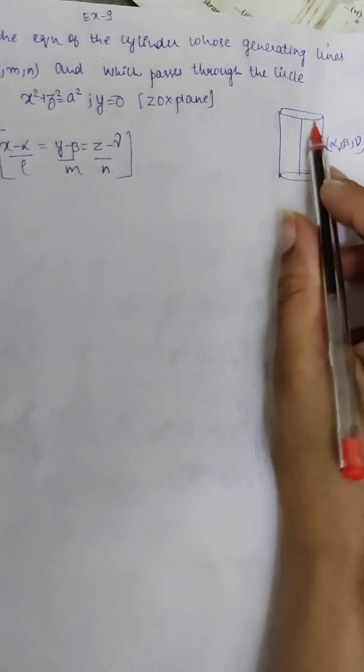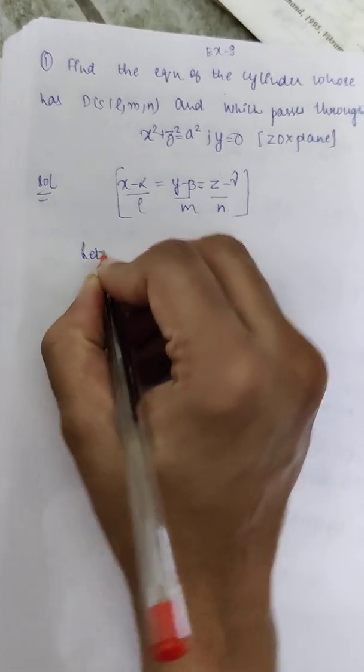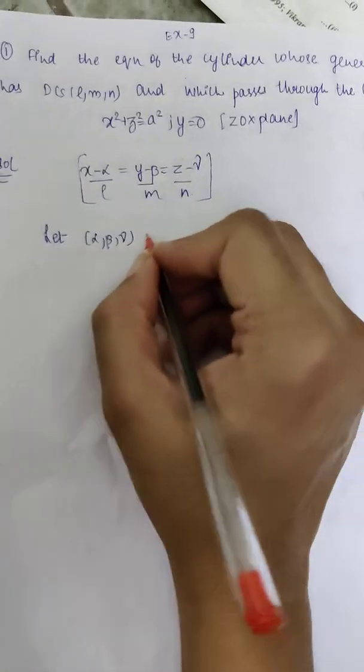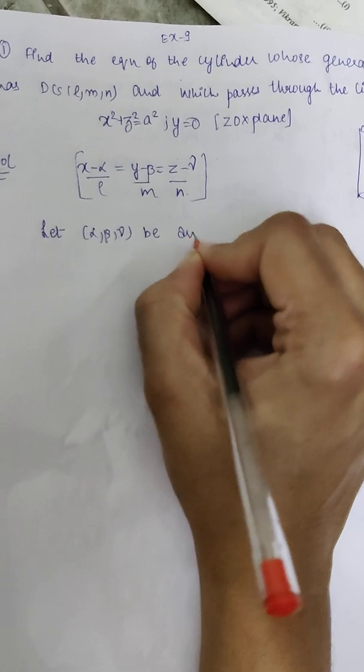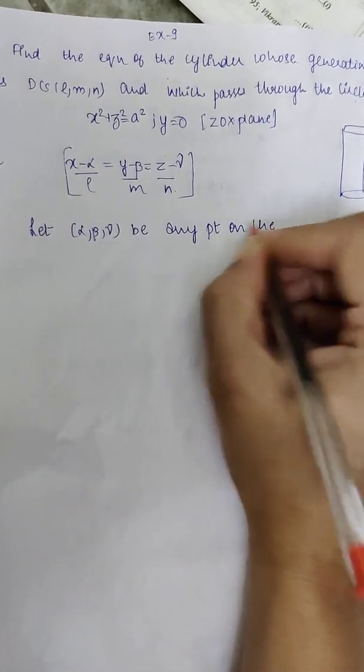I just wanted to tell you how I'm framing my straight line. I'm going to start like that because I'm choosing alpha, beta, gamma to be any point on the generator. So I'm going to mention everything very clearly. Let alpha, beta, gamma be any point on the generator, or if you want, you can say a line.